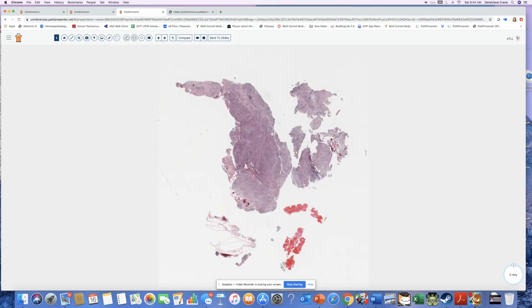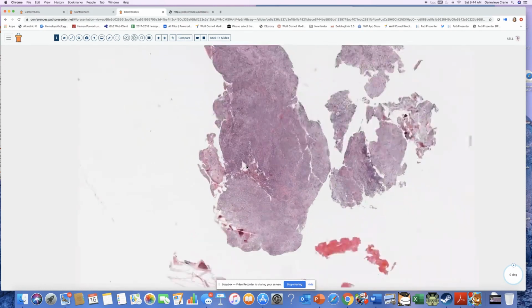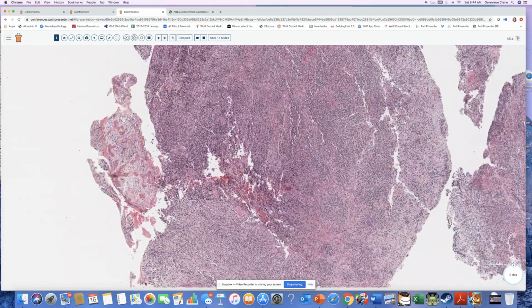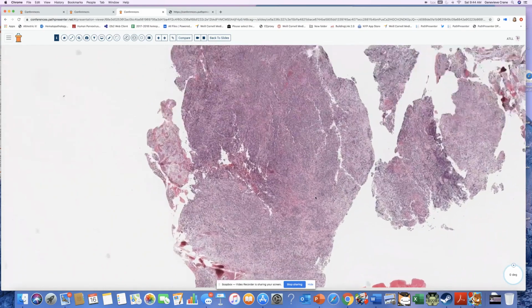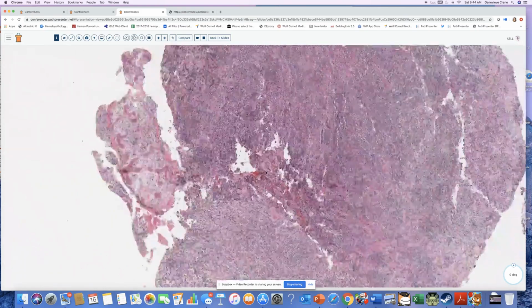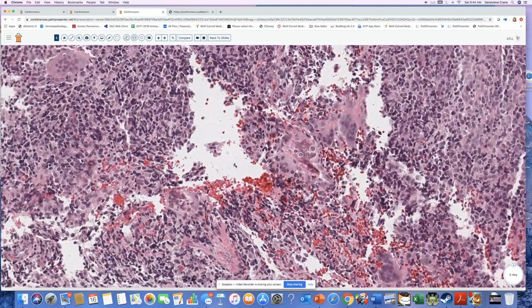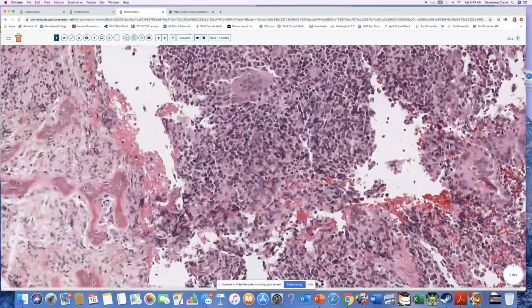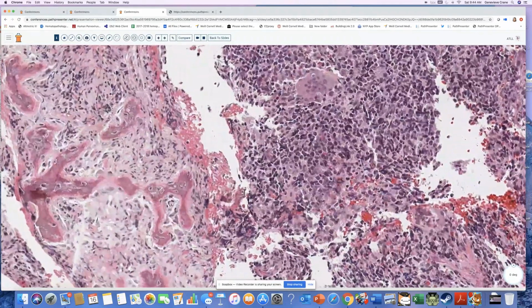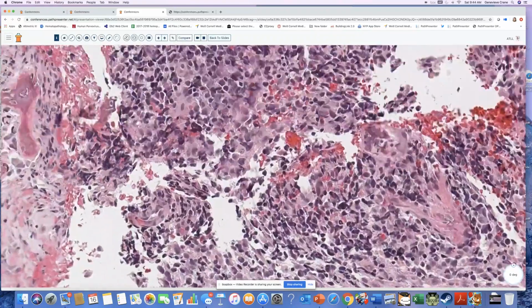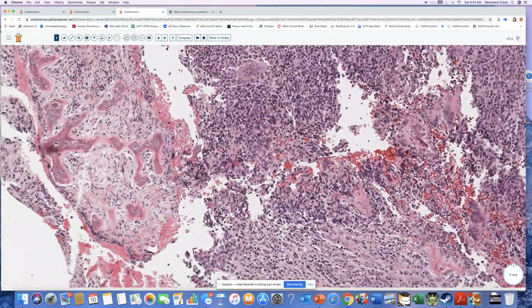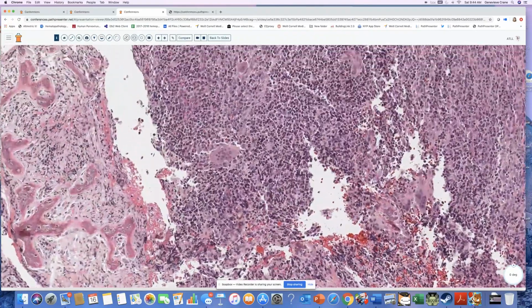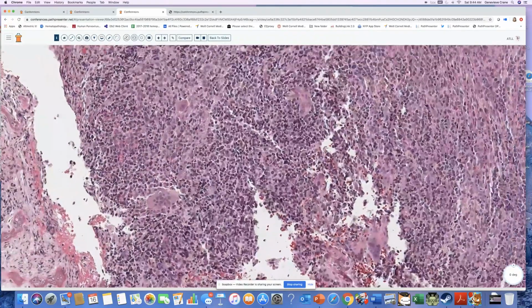Now here's our next example. This is a piece of tissue which has had its architecture largely effaced by some sort of atypical infiltrate. But we do see some fragments of bone here in the lower portion of the field, suggesting that this may have come from a bony site.